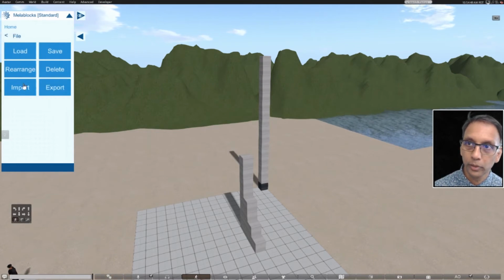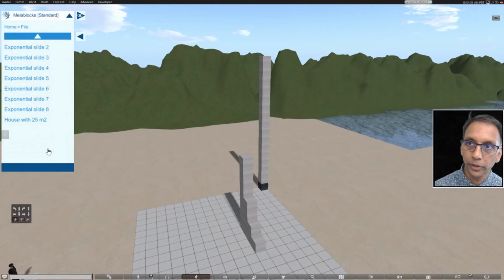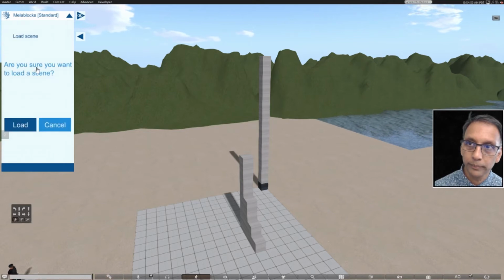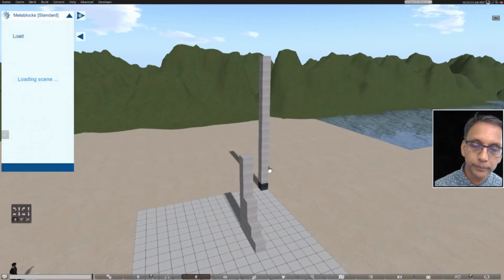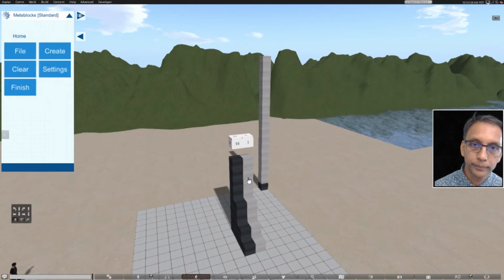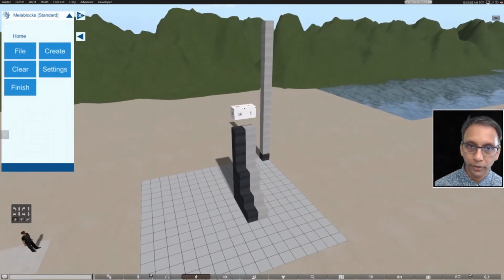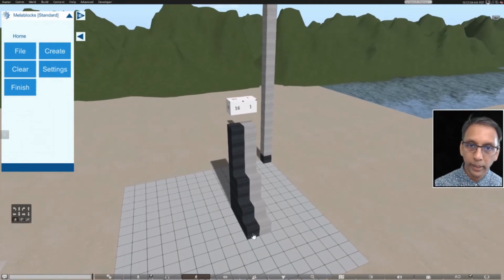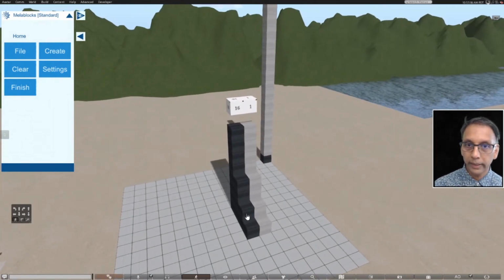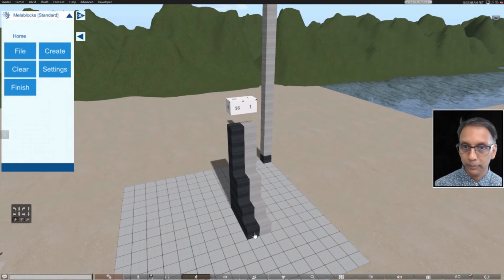So I'm going to load the next one to demonstrate that here we have 16, and here, because we had to double this amount, I'm using 2 black cubes, and here I'm going to use 4 black cubes.